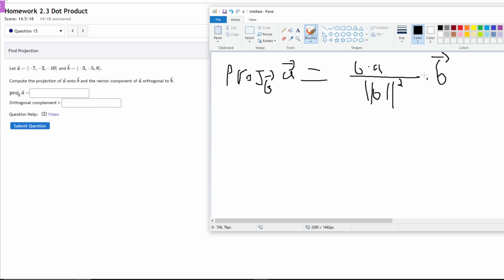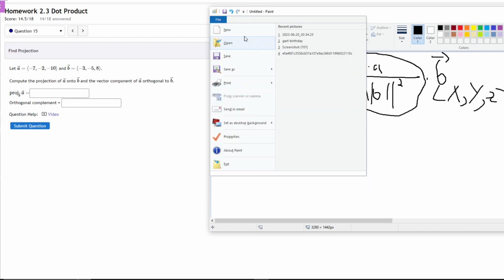And what's going on here is going to be a scalar multiplication. After you compute this, you get a scalar, and you will multiply this to the actual vector form, vector b. And don't worry, I'll show you everything.